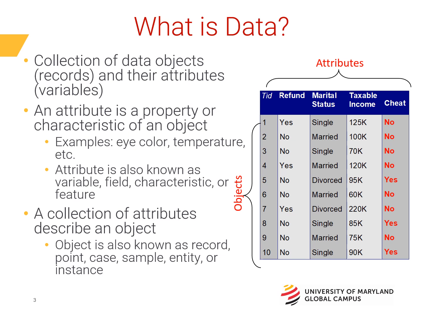And similar to attributes, objects can also be explained with other names, as records, as point, as a case. That's typical in spreadsheets. Sample is another name used. Entity or instances. Those are all names used for records or objects.